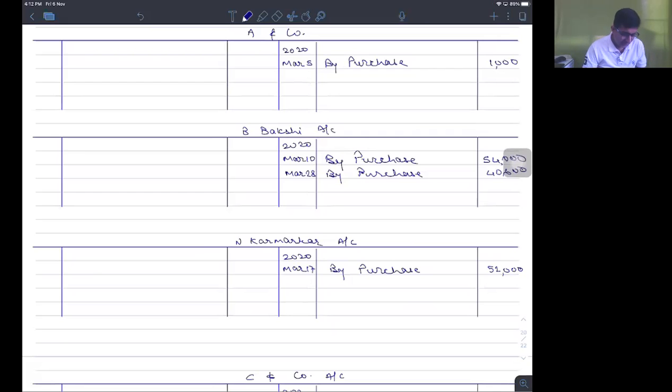This kind of problem, if it comes in the examination, should come for approximately 6 to 8 marks. But too simple, na, Janvi?